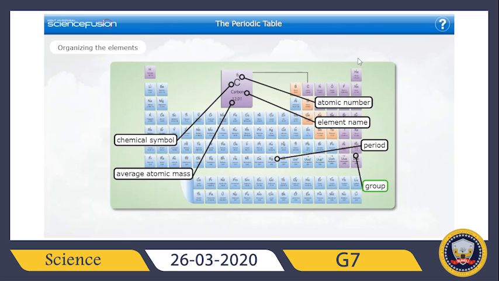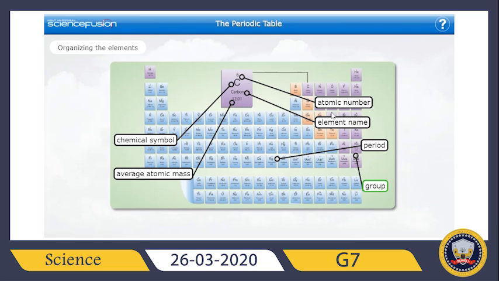However, we also have something called a group. Each vertical column represents a group, for example here. They are identified by a group number, which is written on the top of each group. Elements of the same group will have almost the same properties every time.